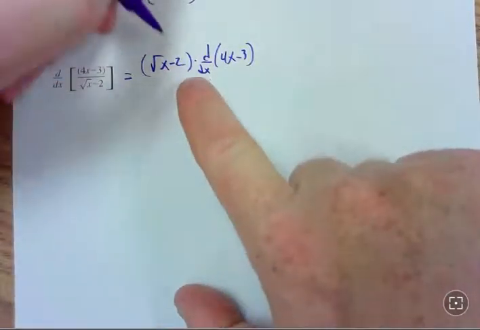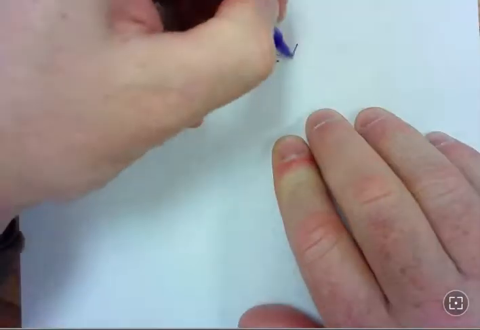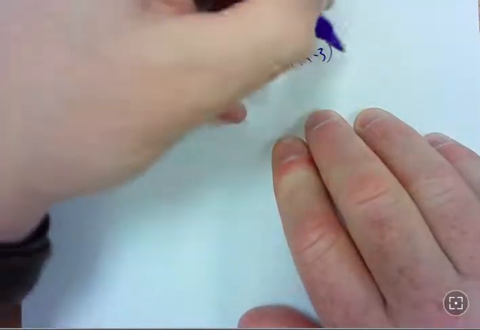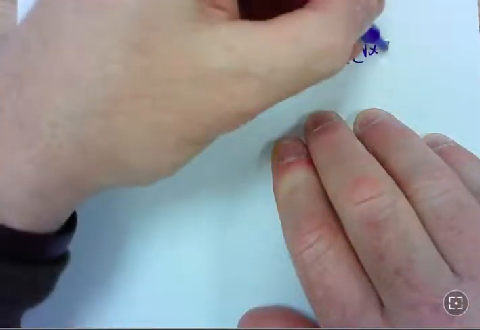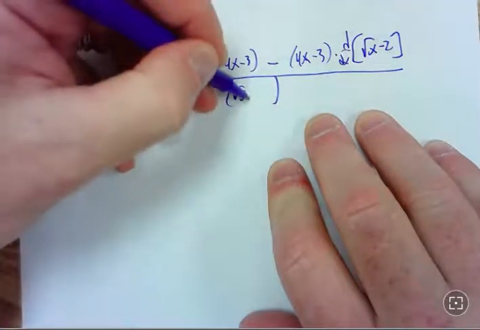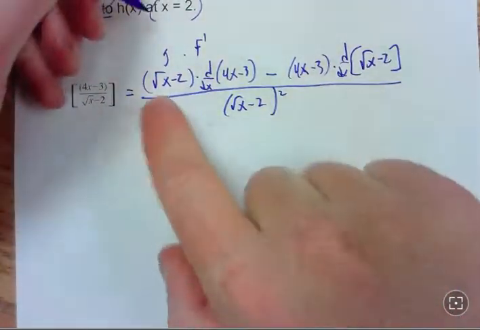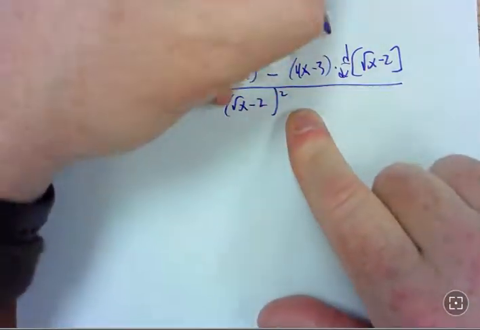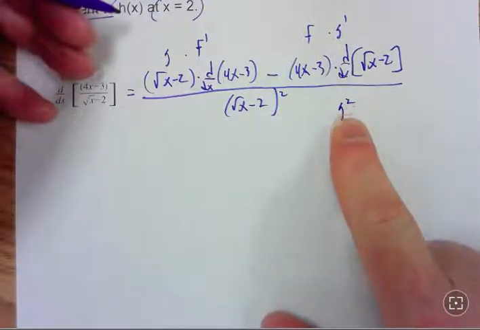So there's bottom times derivative top minus top times derivative bottom all over bottom squared.